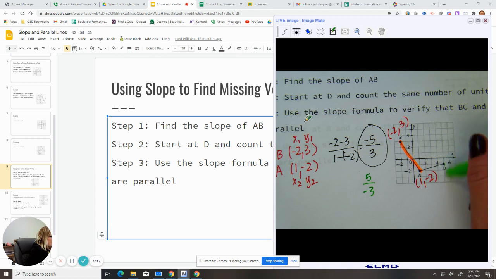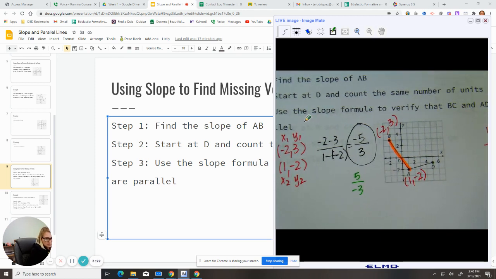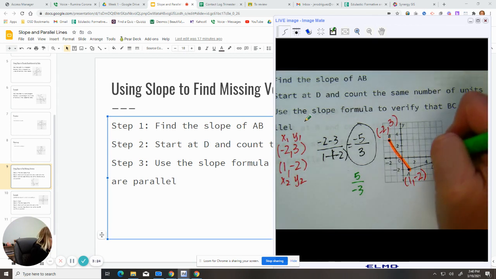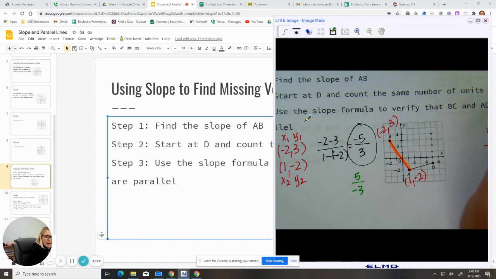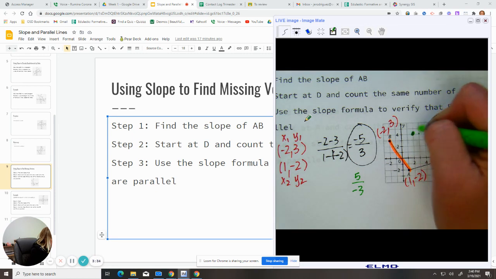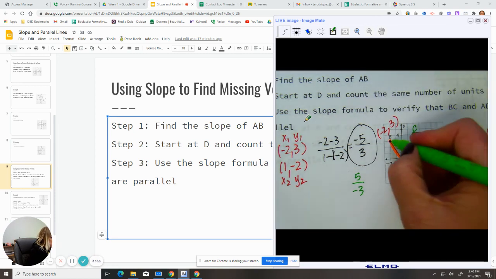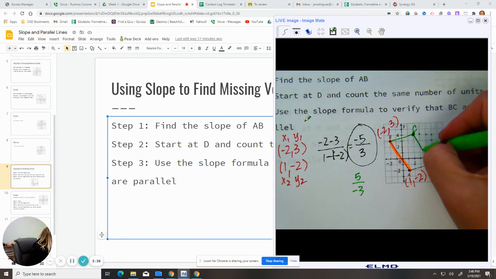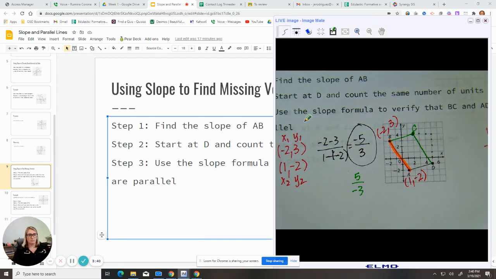We're going to go down 5 over 3. We're going to be over here, and we need to be up here in this area. So we're going to go up 5. 1, 2, 3, 4, 5. And we're going to go over 3 in the negative direction. And this is point C so that we can finish our figure.